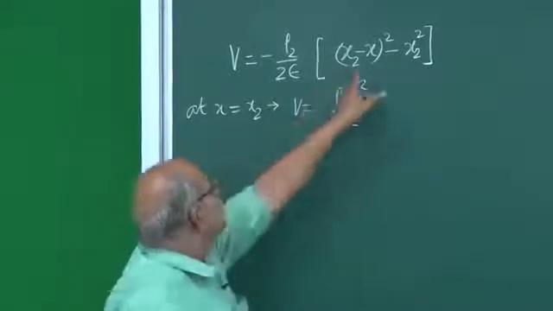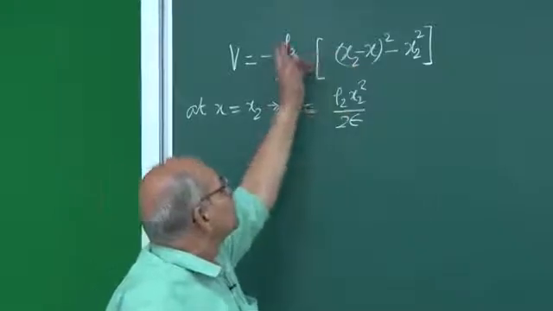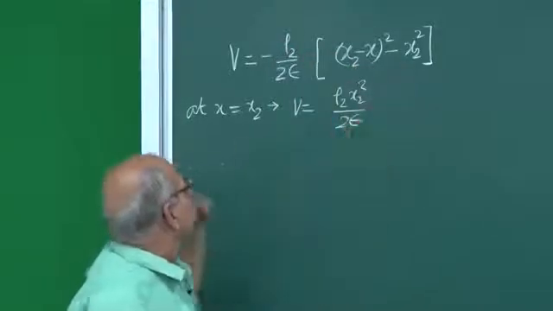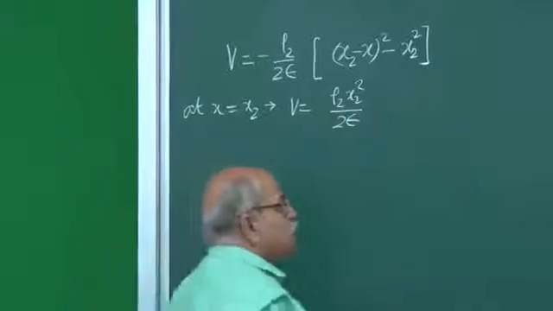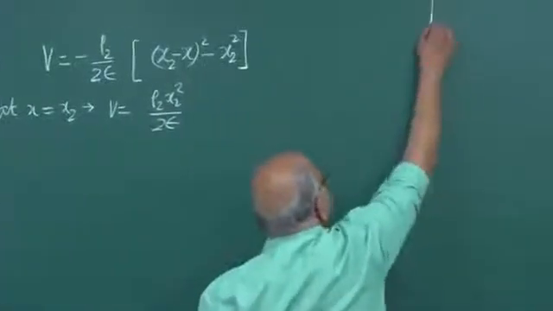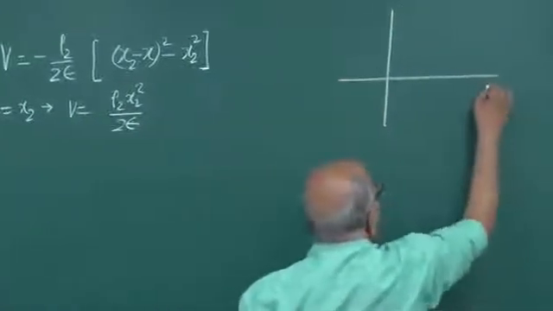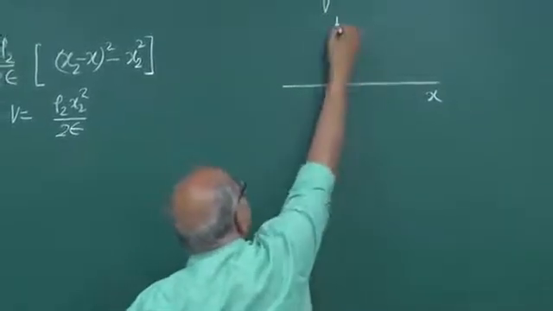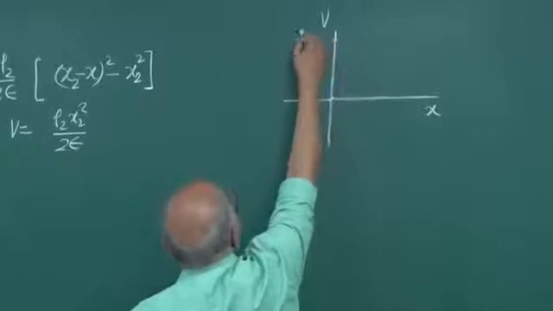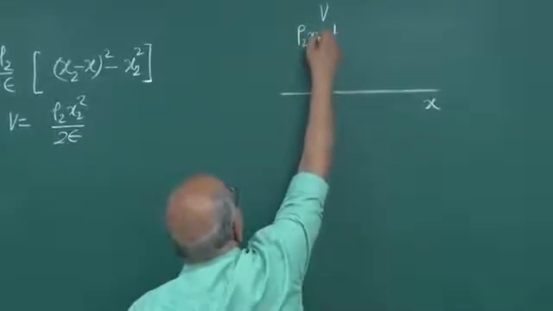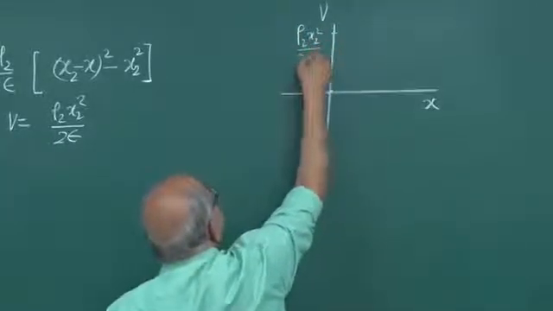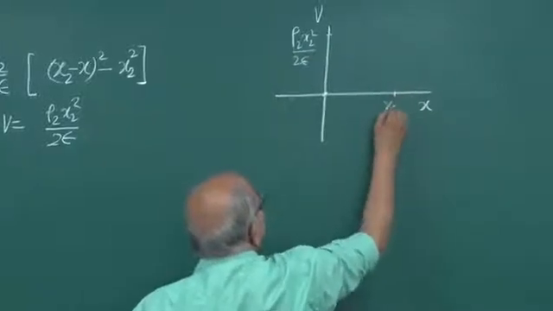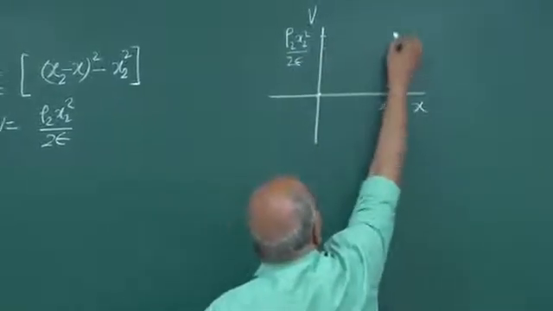If you plot, drawing x in this direction and V in this direction, it's 0 here, and then this is rho 2 x2 square over 2 epsilon, and at x equal to x2 it must be this much, so it's here.